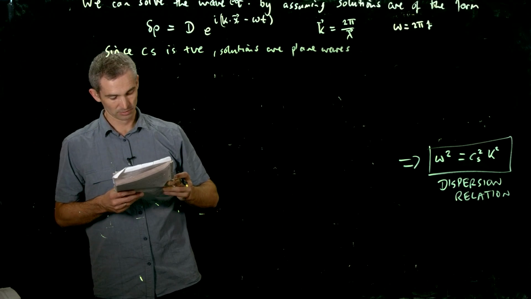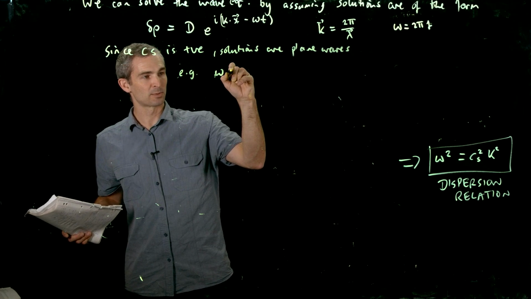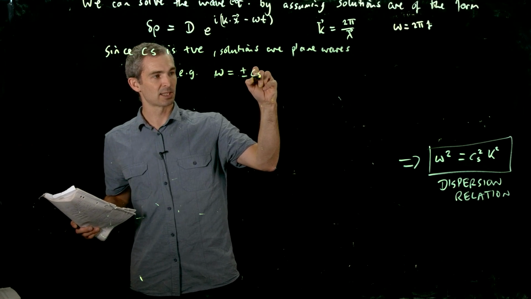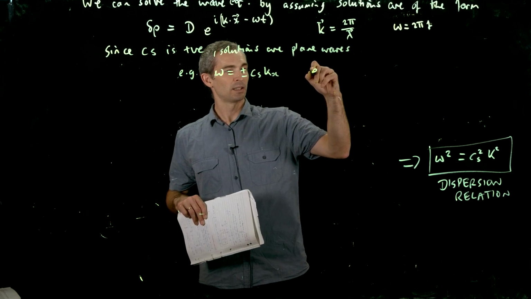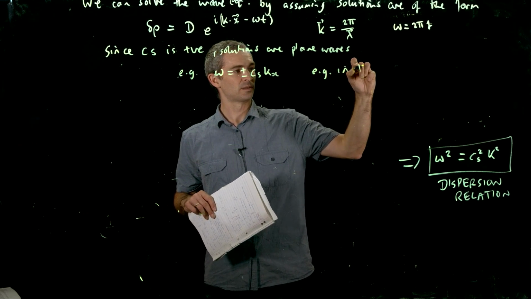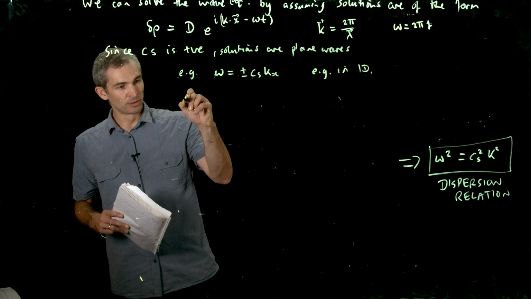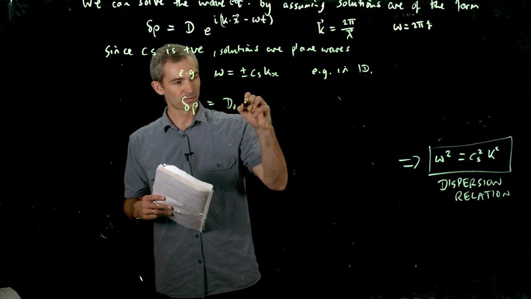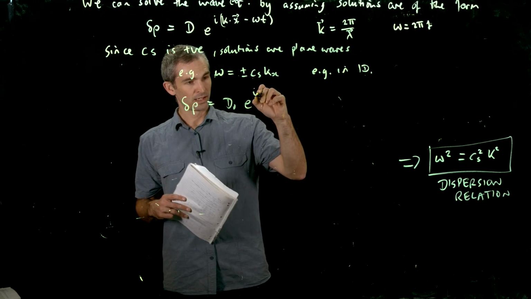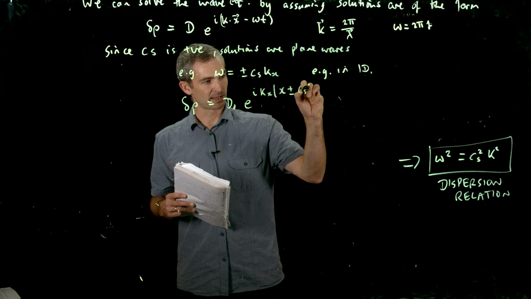So for example, omega is plus or minus the sound speed times kx, for example in the x direction, in 1D. So for example, we have delta rho equals delta rho naught e to the i kx, x plus or minus sound speed t.